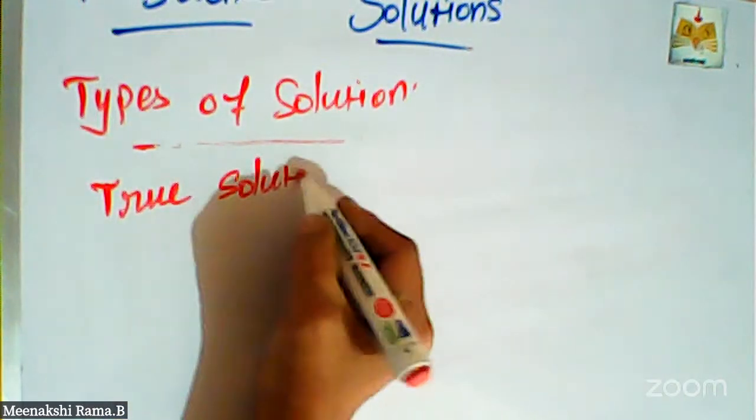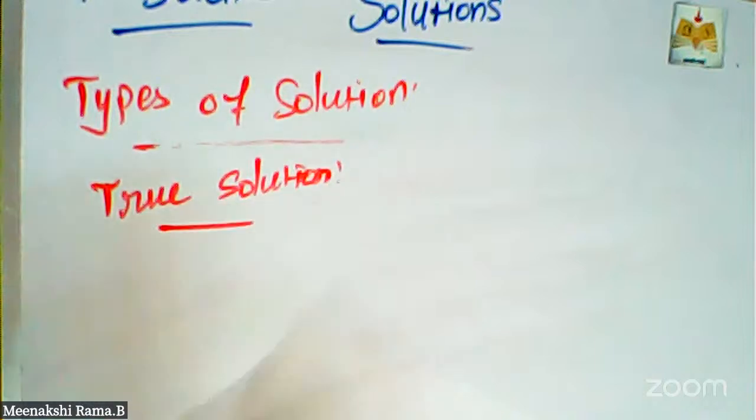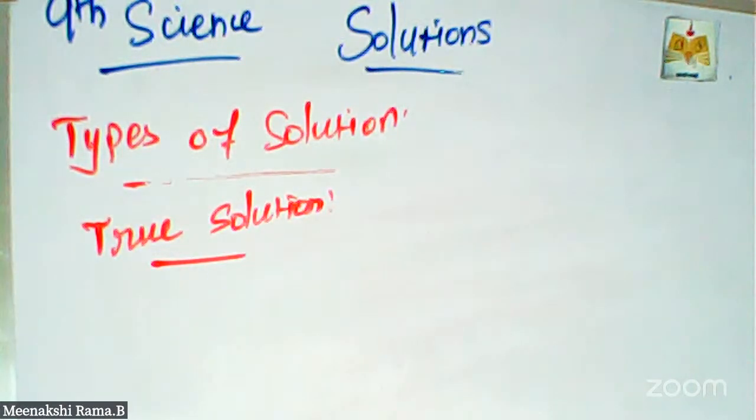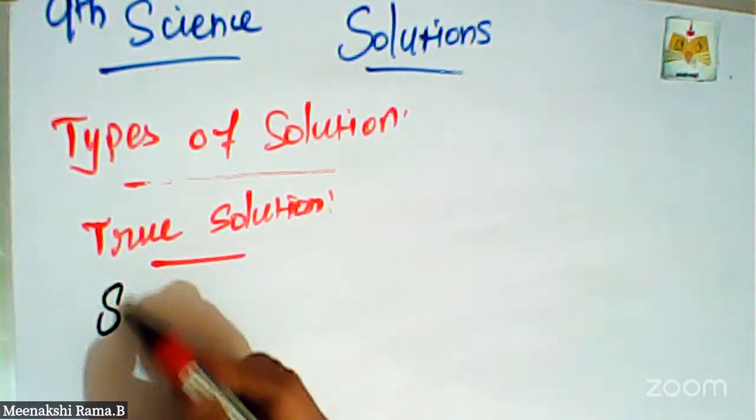How can we prepare a true solution? We use different kinds of solution in our day-to-day life. Salt solution, coffee, tea, juice, and sugar solution, like that. Okay. So in this manner, first we are going to prepare a sugar solution.